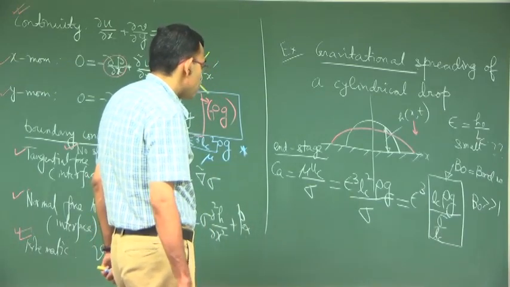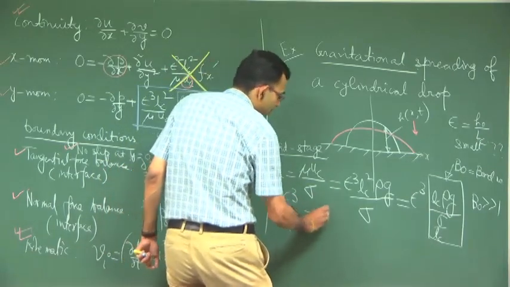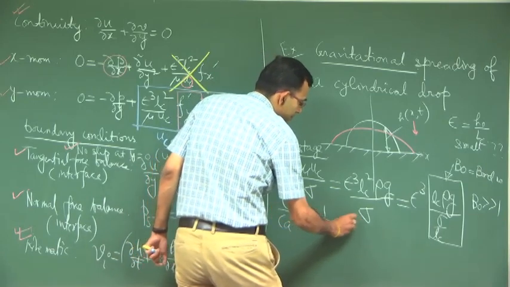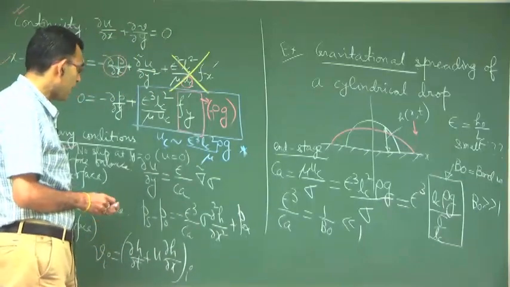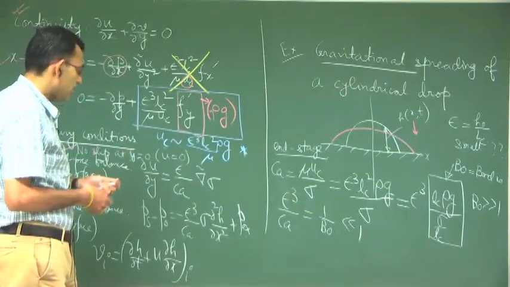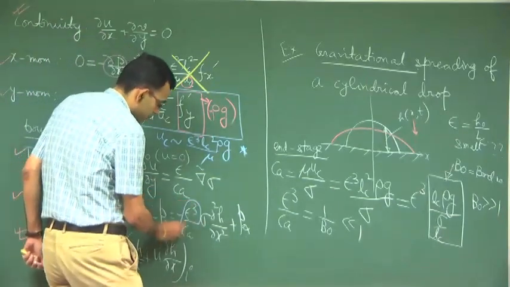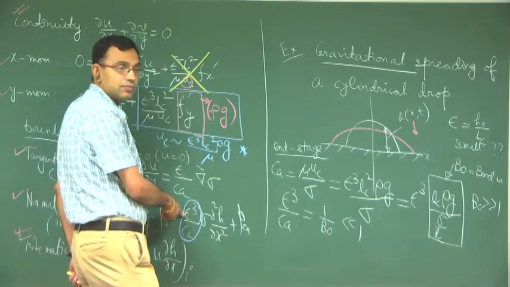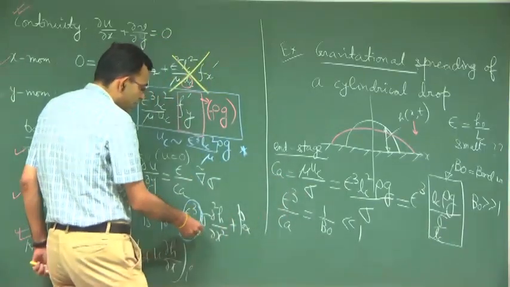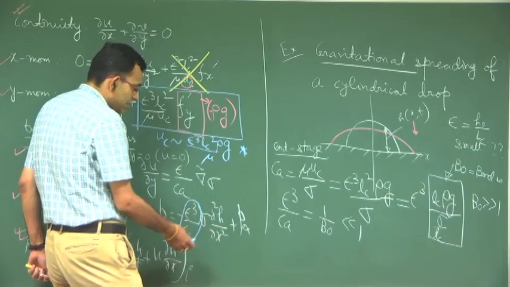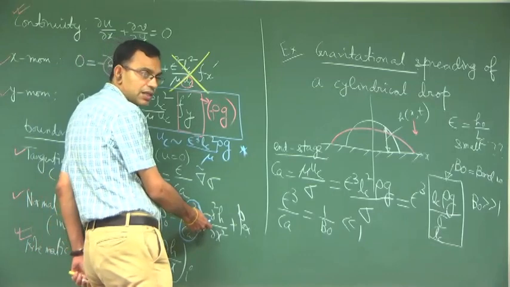So, epsilon cube by capillary number, this is 1 by bond number, this is much less than 1, right. Look at the boundary condition where epsilon cube by capillary number appears and it is the curvature term. So, this epsilon cube by capillary number much less than 1, these are all non-dimensionalized. It shows that, and this is the non-dimensional surface tension.